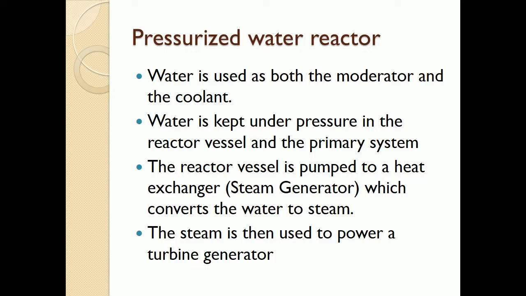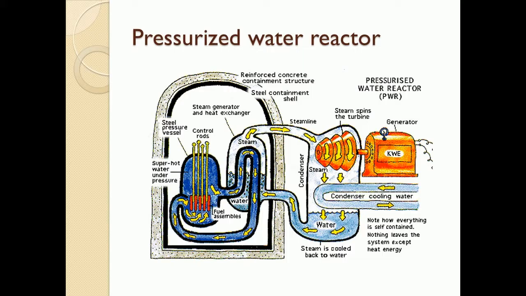The steam is then used to power a turbine generator. Here is a drawing of a pressurized water reactor. You can see the reactor, the steam generator, the turbine generator, and the condenser.